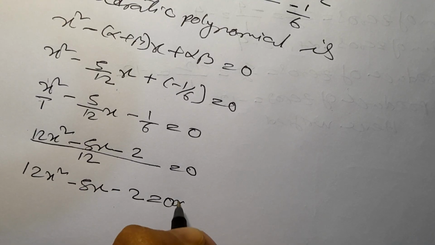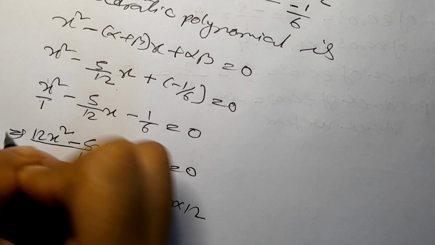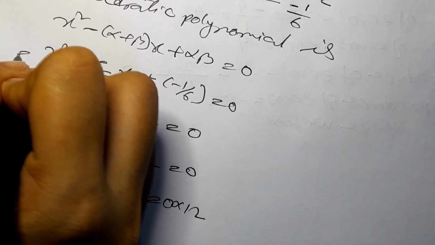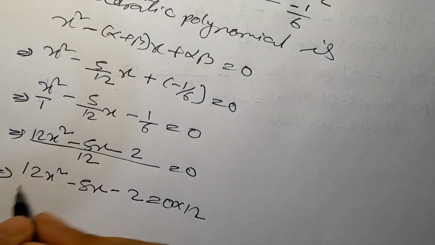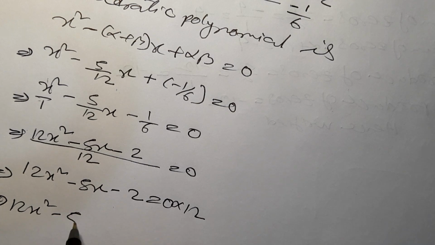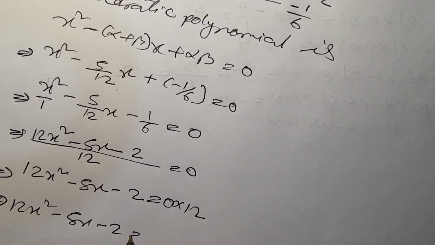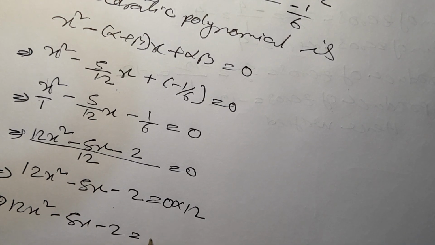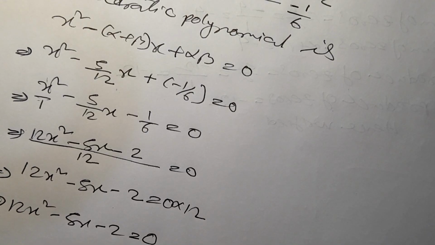Only take the 12 to that side, so divide will be multiply. So now it will be 12 x square minus 5x minus 2 equal to 12 into 0, which gives 0. So this is the quadratic polynomial.